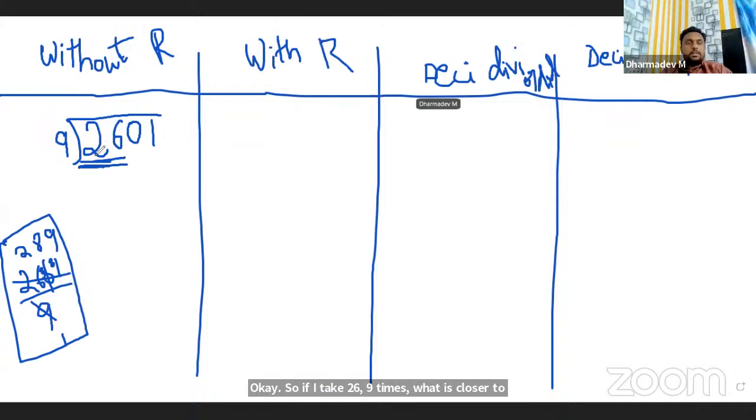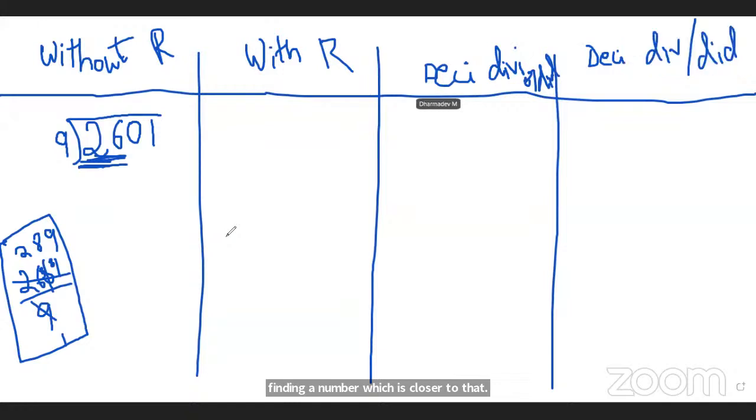For sure, 26 is not divisible by 9. So I'm finding a number which is closer. Yes, that's 18. So 9 times 2 is 18. 26 doesn't come in the 9 times table.